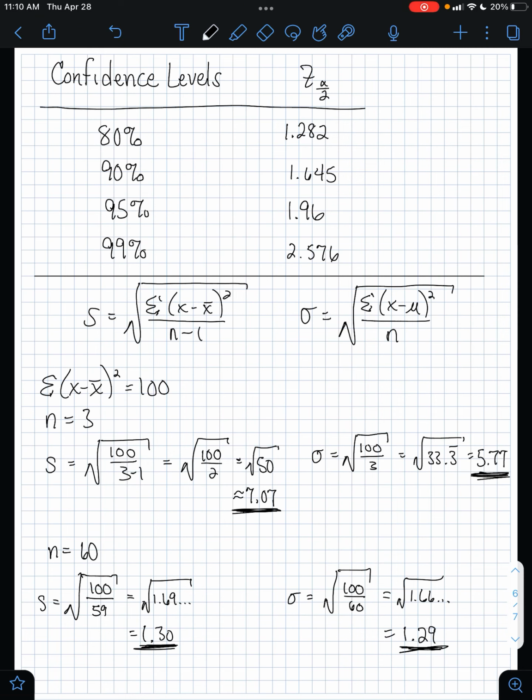And now use that same value for sigma. So the idea is that for large enough samples, and the threshold is 30, sigma is approximately the same as s. So we use the value of s as our assumed value for sigma.